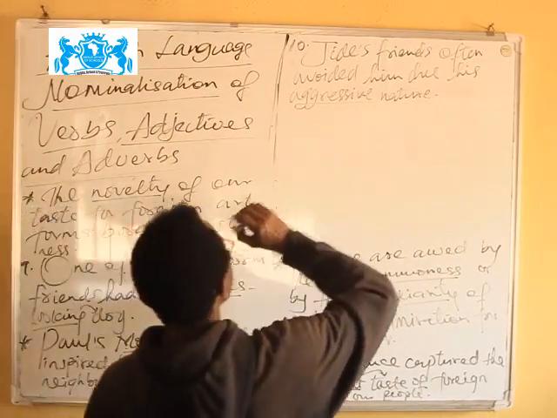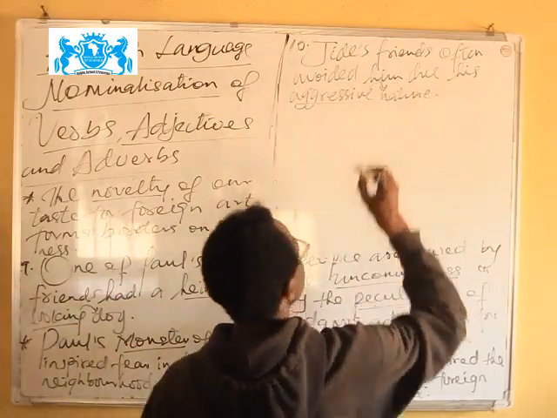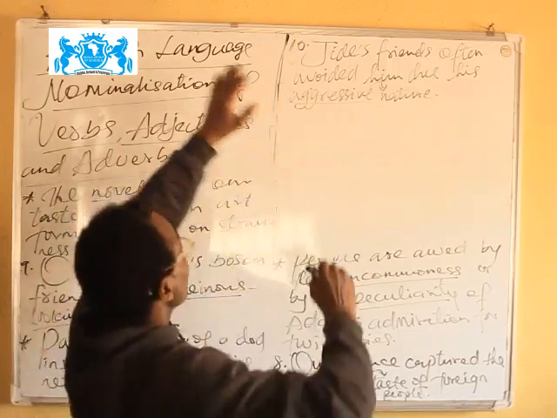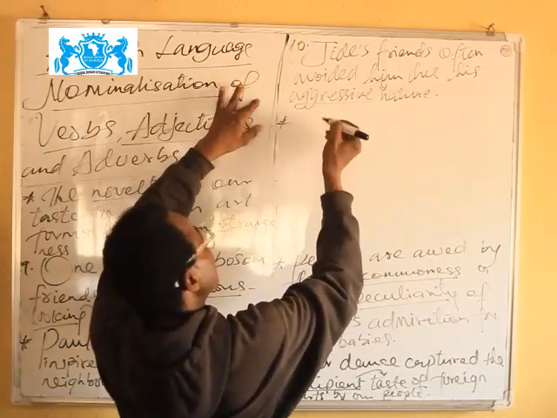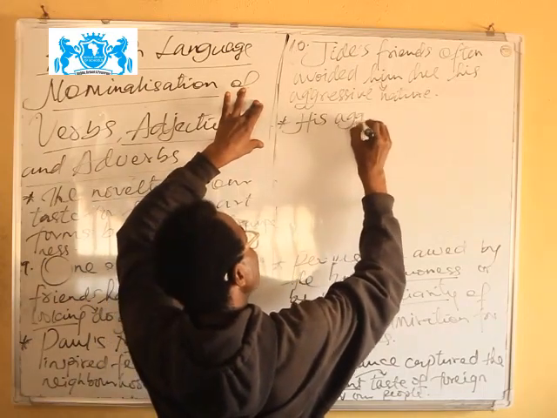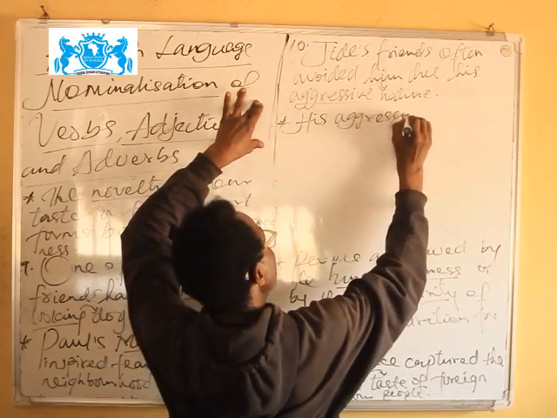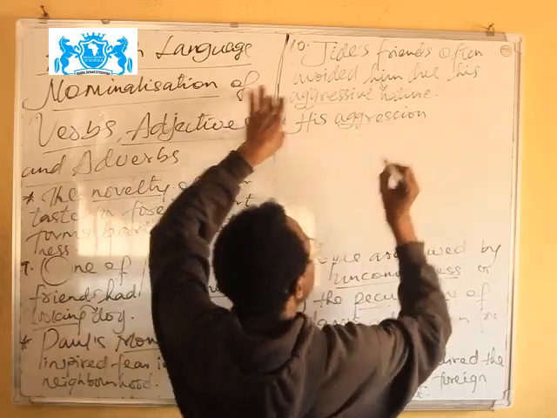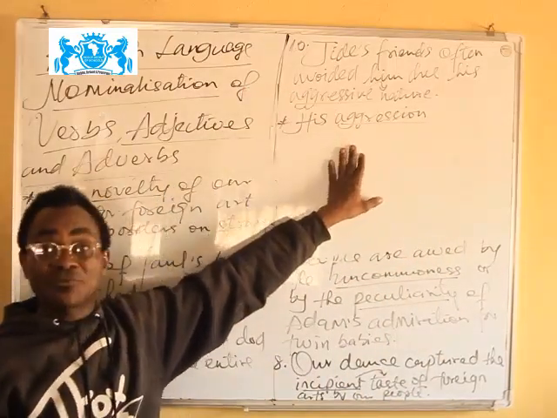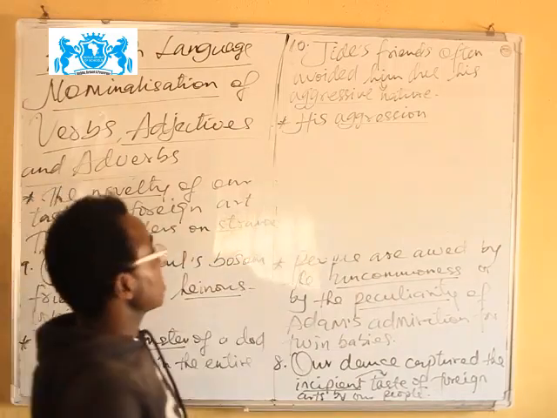The adjective is aggressive, and it qualifies the noun nature. So we cannot say his aggression. His aggression. So from the adjective aggressive, we derive the noun form aggression.